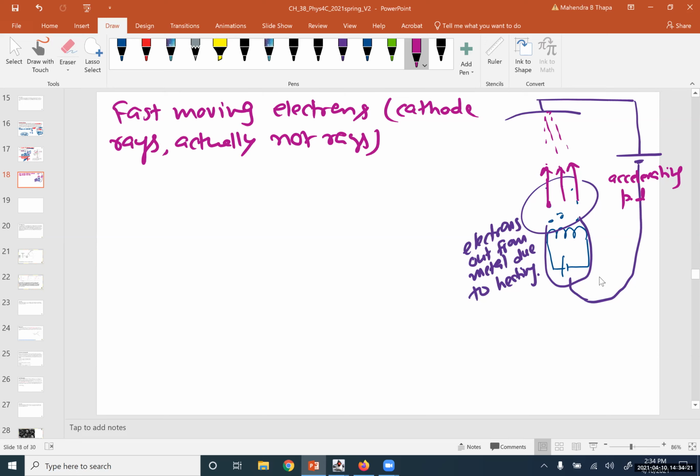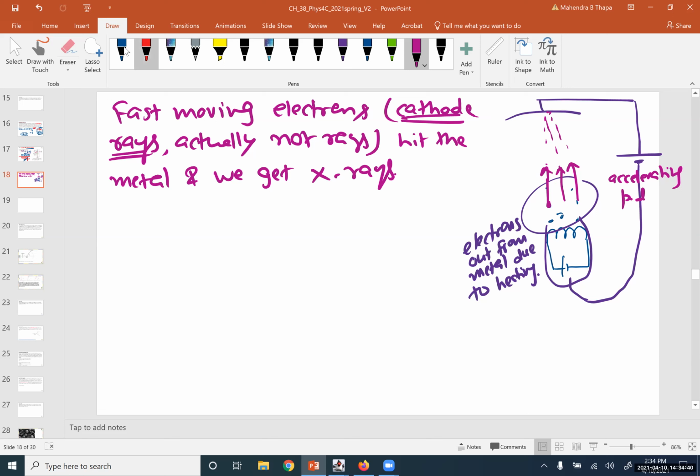Okay, but we call it cathode rays. So fast moving electrons hit the metal and we get X-ray. Okay, X-ray means this is the electromagnetic wave.